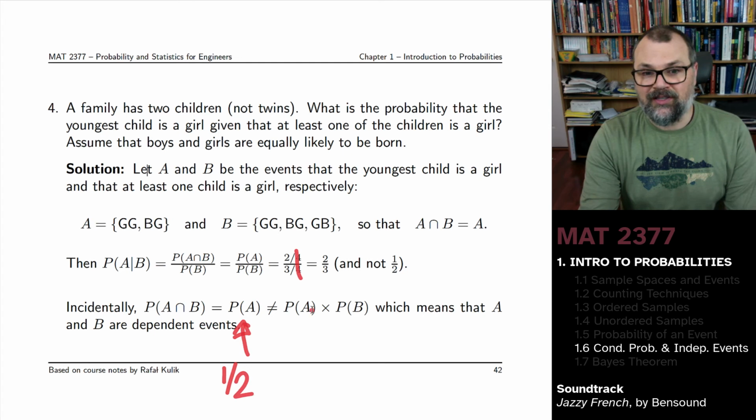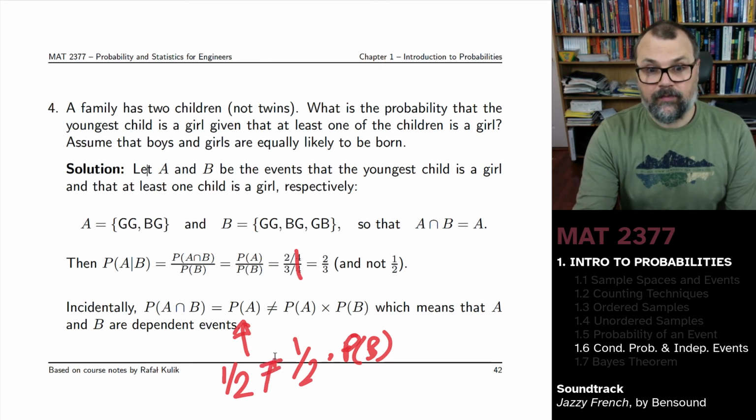But then the probability of A times the probability of B, that's 1/2 times the probability of B. And unless the probability of B is 1, which it isn't here, we know it's 3/4. These two things cannot be equal.